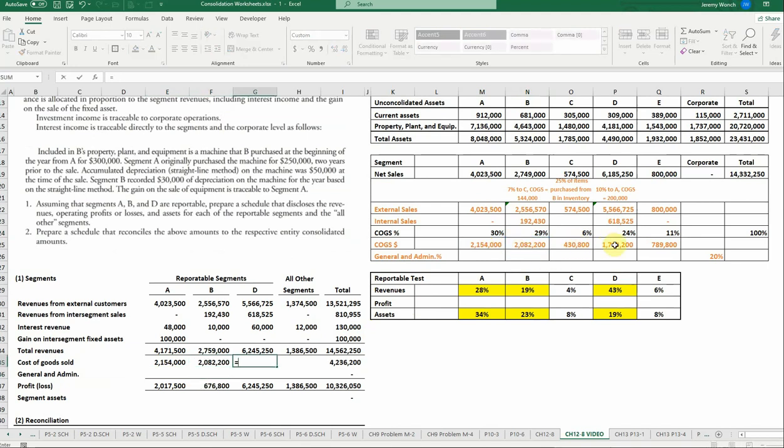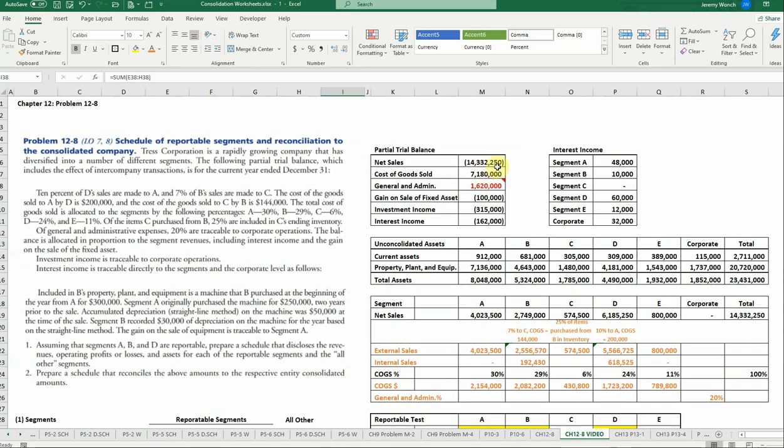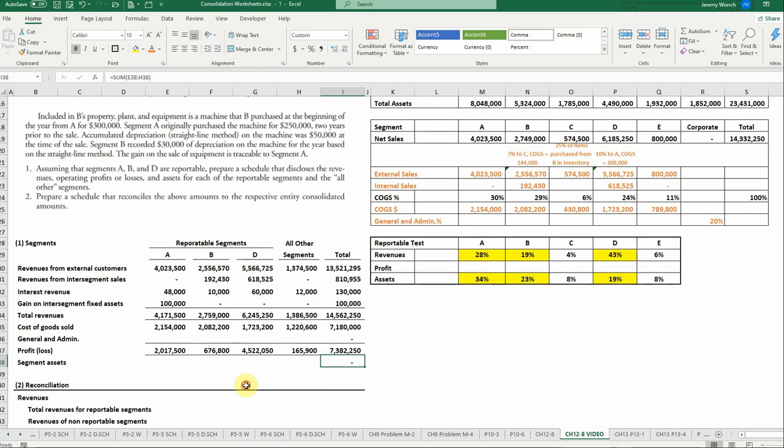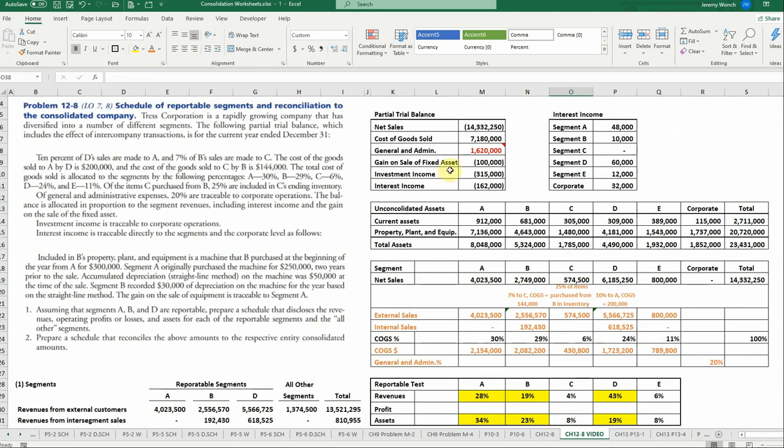A, B, D, and then the remainder is C and E. So total cost of goods sold, all right, that matches 7.18, 7.18. All right, then the next expense is general and administrative, yeah, okay, that's the 1.62. Cost of goods sold is the 7.18.